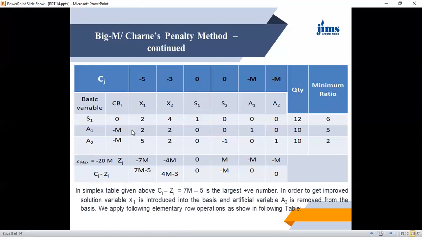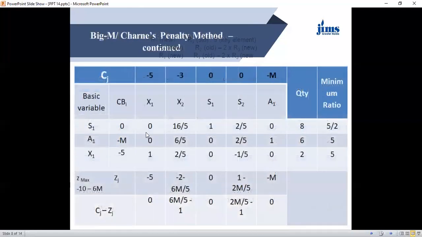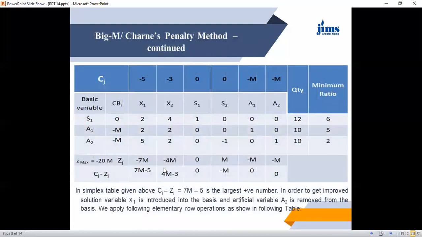So what do we do next? Then all the positive values of the key column are divided into the quantity.